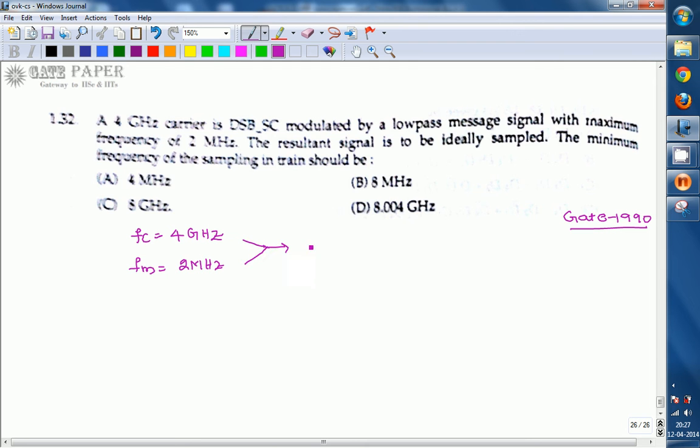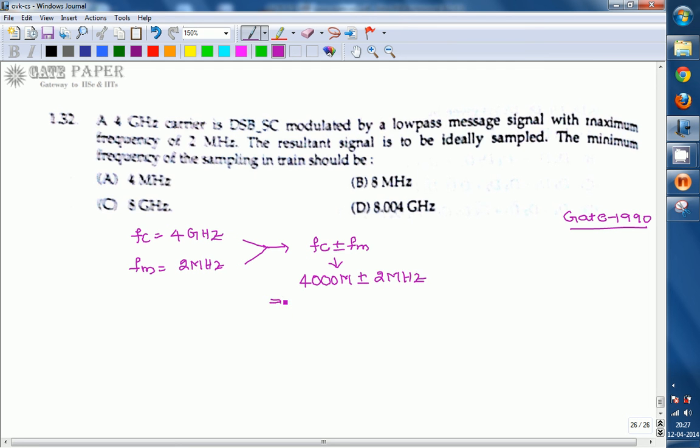We know that the spectral components of double sideband suppressed carrier are FC plus or minus FM. FC plus FM is the upper sideband, FC minus FM is the lower sideband. Now we'll see the components corresponding to these values. The 4 GHz frequency can be written as 4000 MHz plus or minus FM, which is 2 MHz.